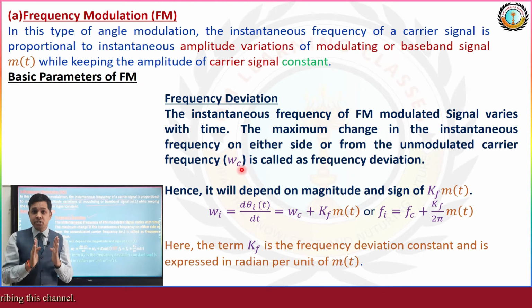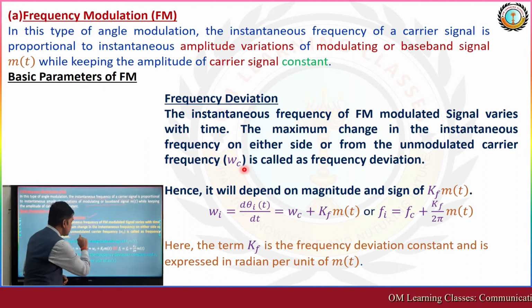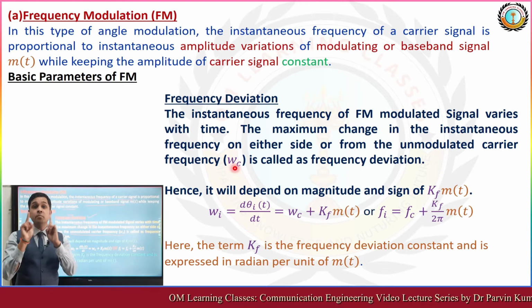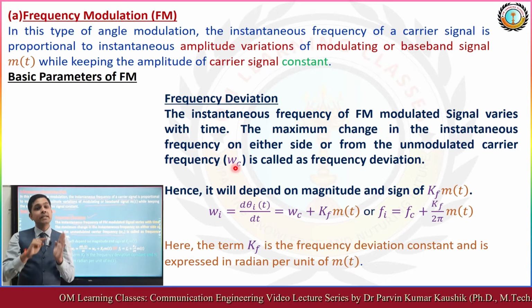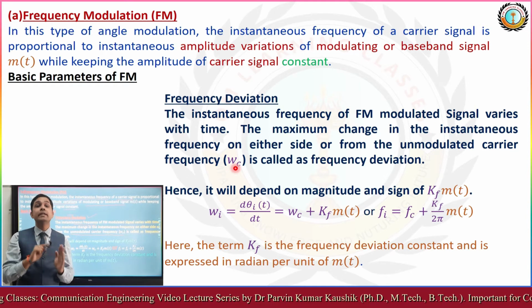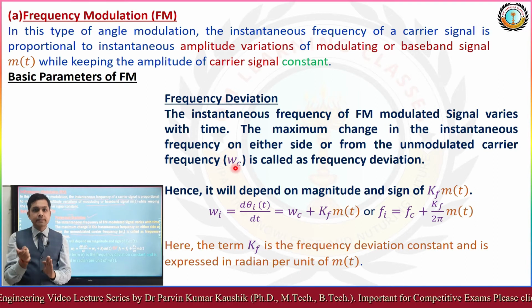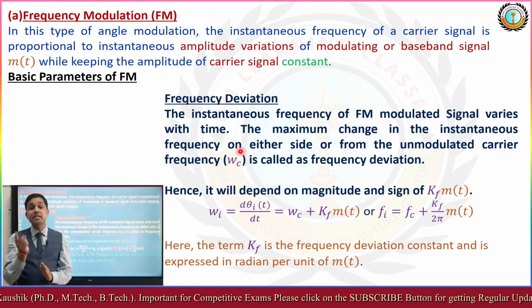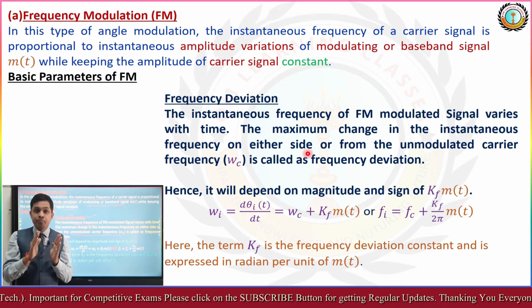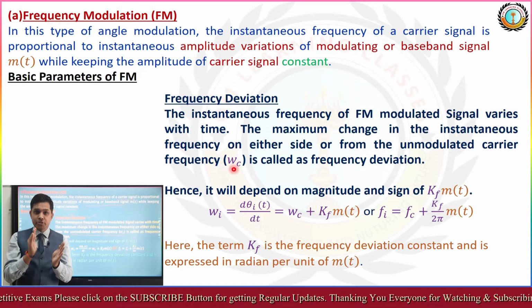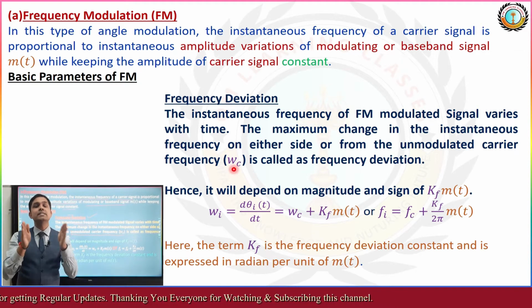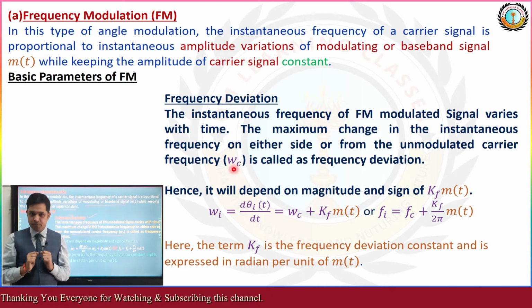Before modulation we have the unmodulated carrier frequency omega c, and after frequency modulation there can be an increment in omega c or a decrement in omega c, on either side. If there is a variation in that range, that is known as frequency deviation.